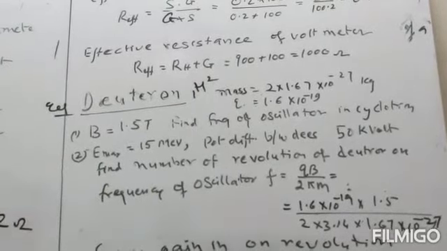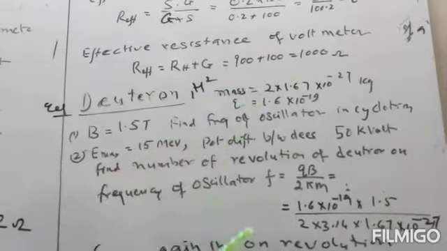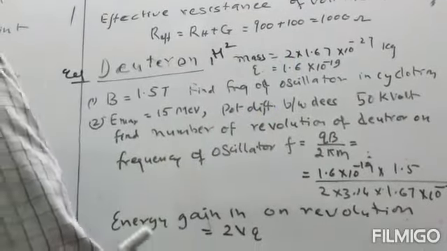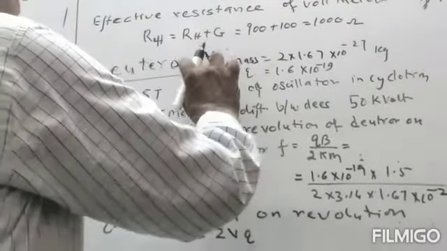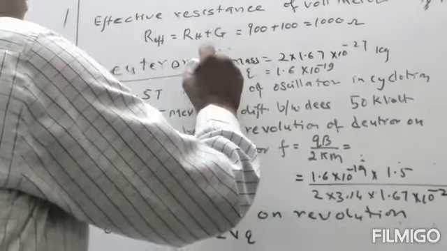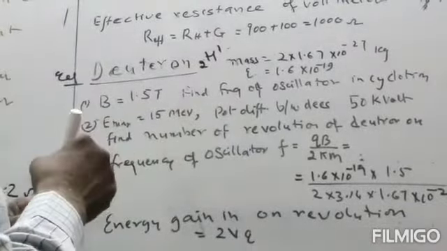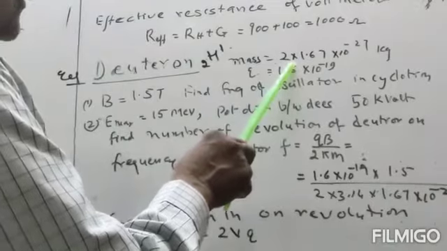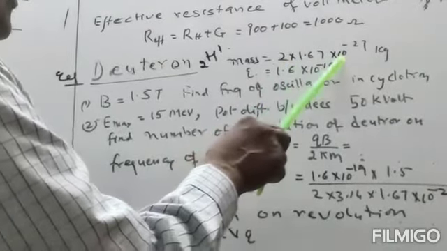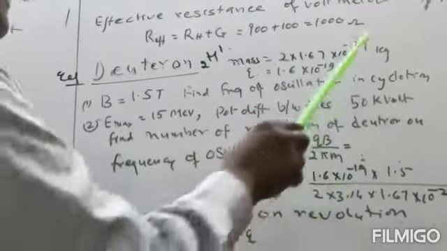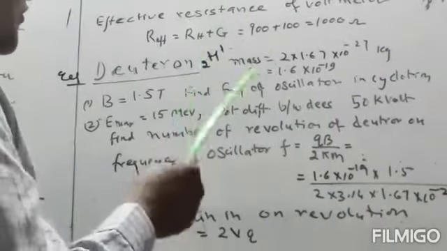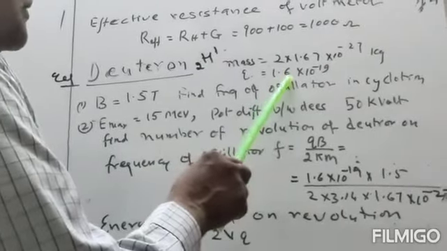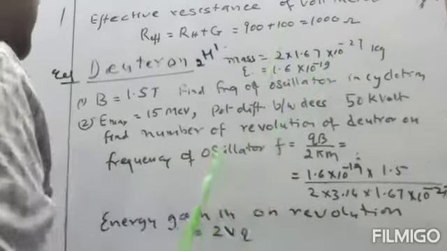So the mass is equal to 2 times the mass of the proton, 2 into 1.6 into 10 raised to power minus 27 kilogram. The charge is 1, so it is equal to 1.6 into 10 raised to power minus 19.